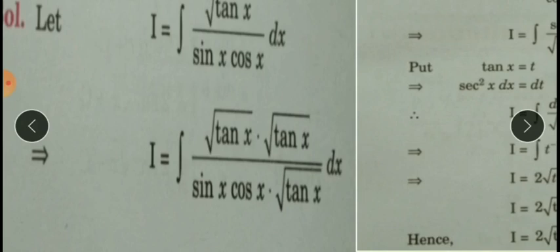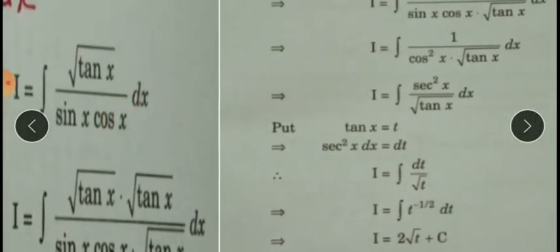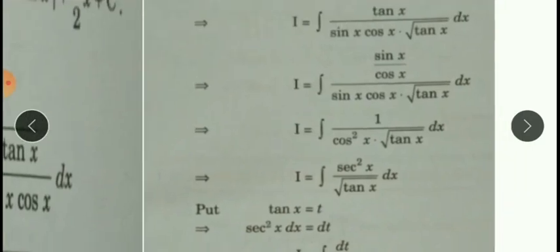Why are we multiplying? To change into integrable form. Multiplying numerator and denominator by root tan x, after multiplication it becomes I is equal to integration tan x upon sin x cos x root tan x.